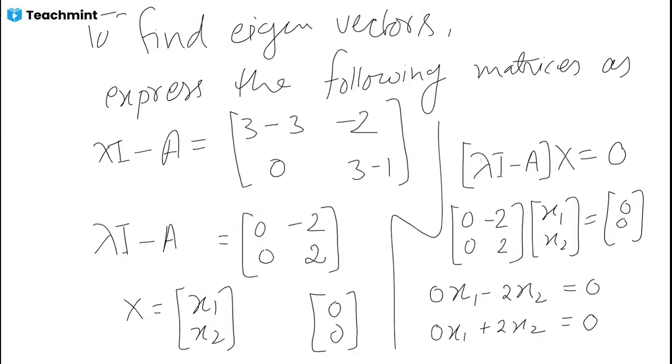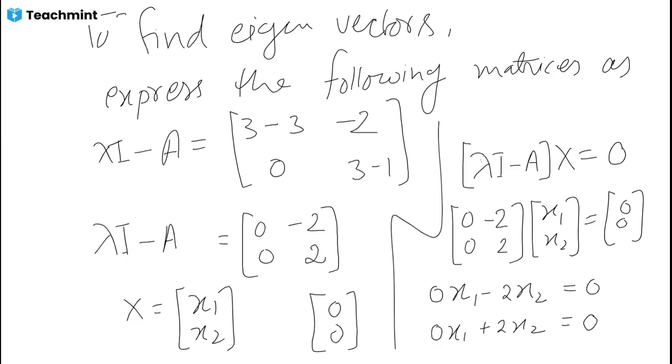So how can we express this now in the form of eigenvectors? Only its multiple is 0, but x1 itself is not 0. Are you getting this point? Because in this expression, when we multiply with 0, then only we'll get 0.